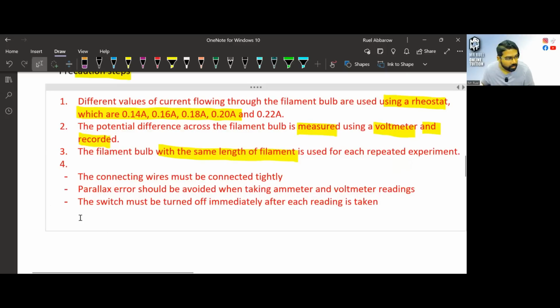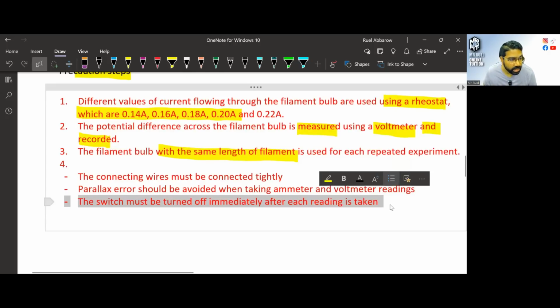Now, I always advise my students, if you forget any experiment related to electricity, any experiment related to circuit, if you forget precaution, you can use this: switch must be turned off immediately after each reading is taken. Now, I want to stress here, this point in the textbook is only used in the context of the constantan wire.